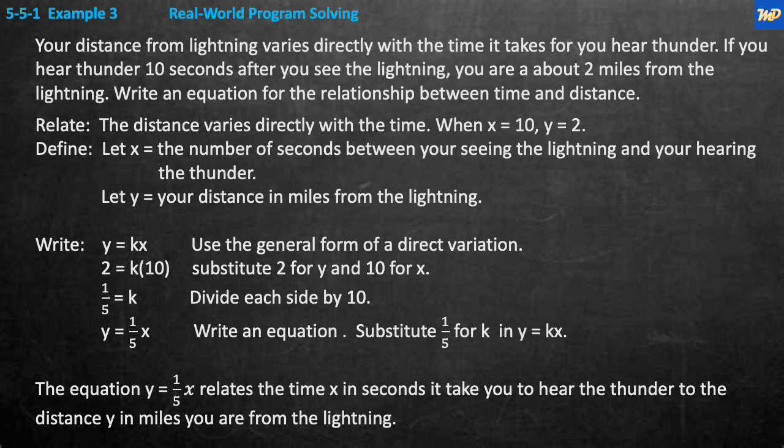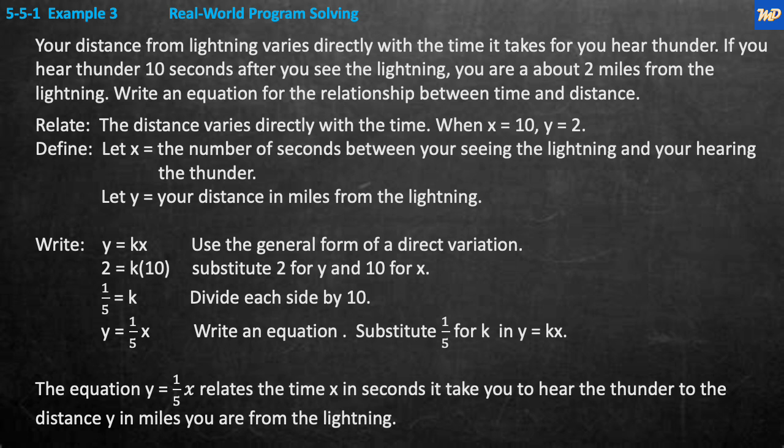You're going to see lightning and start counting seconds, and then you're going to be able to plunk it into your equation and figure out how many miles it is away. So y is the distance in miles, right? It's 2. And then k times 10. 10 is seconds. So that's what you did. You listened and got the 2 miles and 10 seconds.